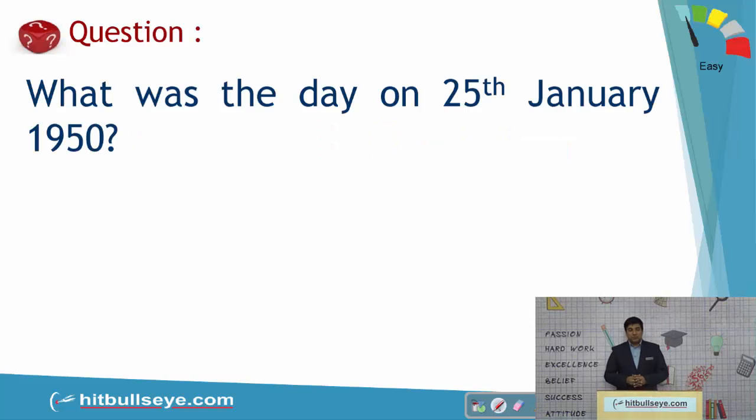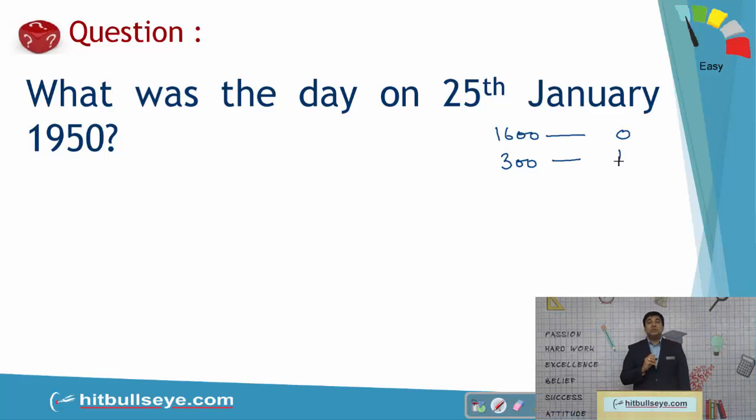Going to the next question, what was the day on 25th January 1950? Doing the same calculation, up to 1600 we have no extra day. Adding 300 more, we have one extra day. So we've reached 1900. Up to 1950, we have 49 complete years which have gone by.